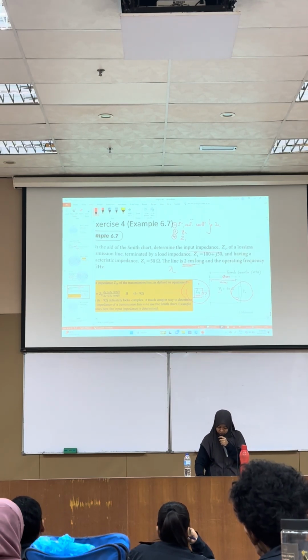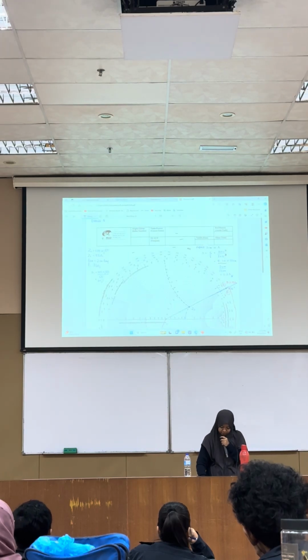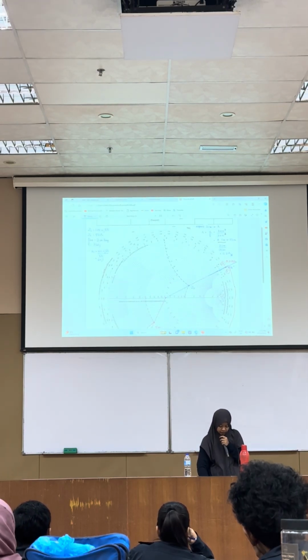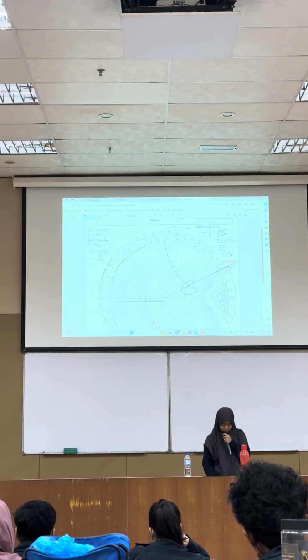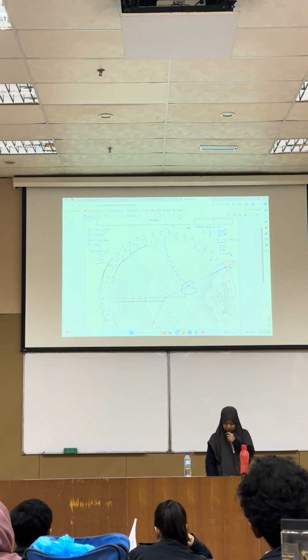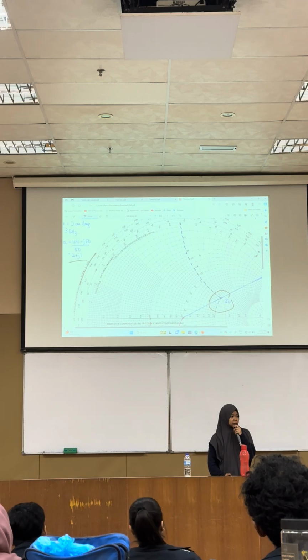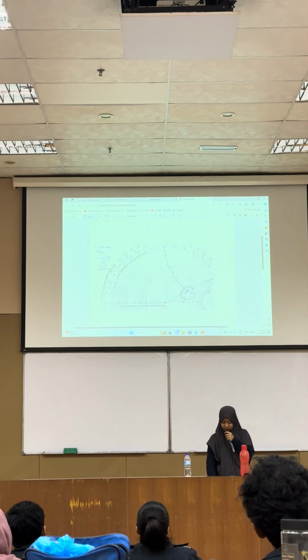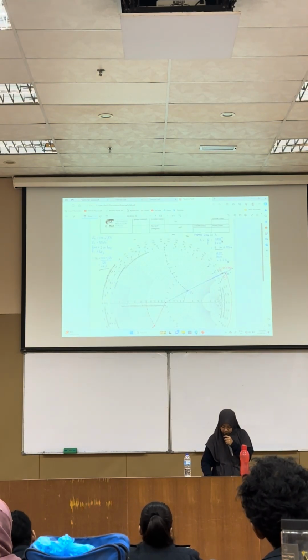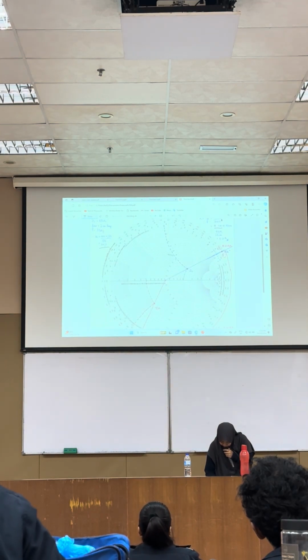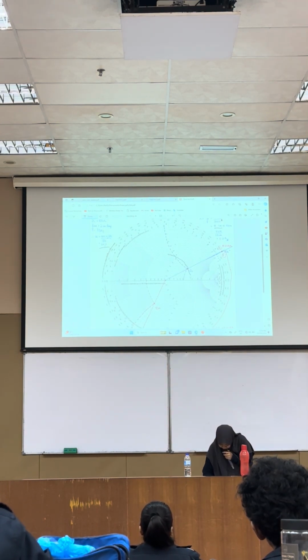Okay, so now, plot the ZL first, which is normalized 2 plus j1. So you plot the ZL, and you do the circle. So this is my circle.